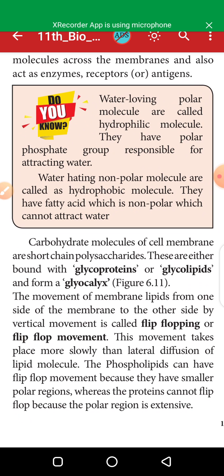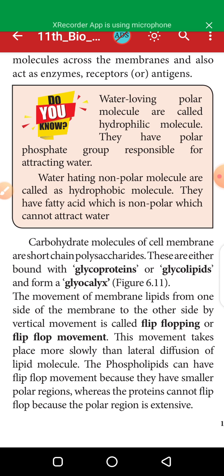The movement of membrane lipids from one side of the membrane to the other side by vertical movement is called flip-flop movement. அதுக்கு பேர் என்னது flip-flop movement.